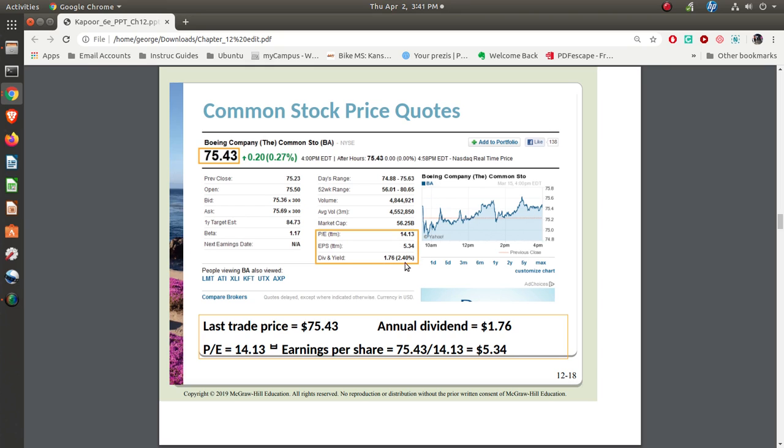The dividend yield is about 2.4%. So in other words, the dividend of $1.76 for the year is yielding about 2.5% in returns to the stockholders. You'll see also that there's a chart that shows what the price has been doing for the day. You can also see it for a week, for a year, for multiple years, things like that.